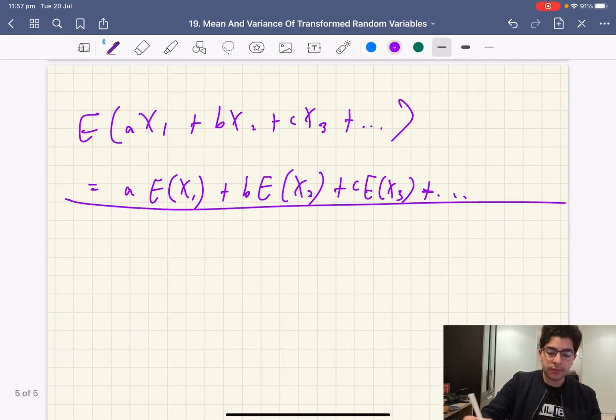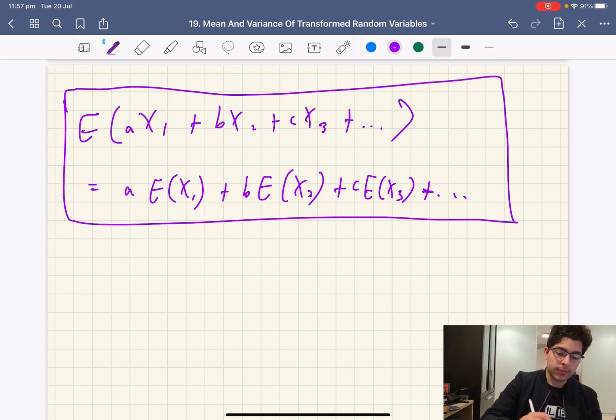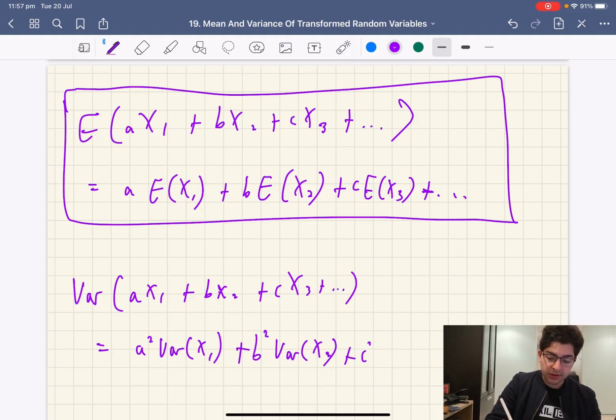And similarly, that's one important formula you need to know. Just box it up. Variance of aX1 plus bX2 plus cX3 all the way up is going to be the same thing as a squared variance of X1 plus b squared variance of X2 plus c squared variance of X3, and so on and so forth.